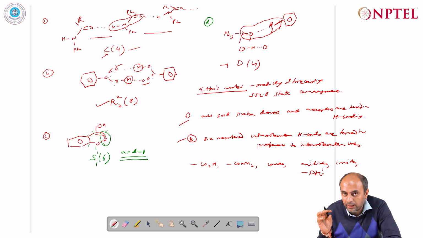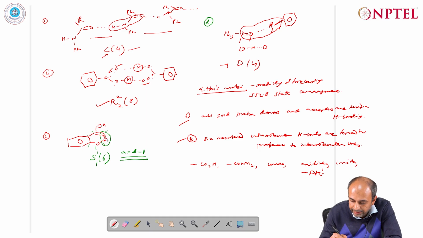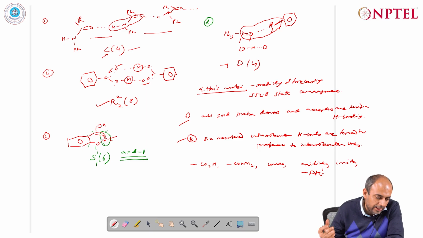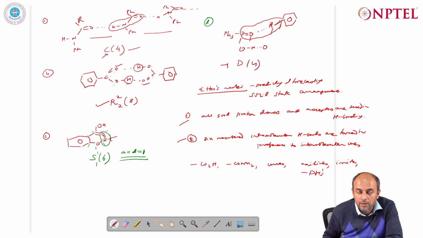Just like the chelate effect stabilizes the ring-like structure, in this case also the cyclic structure wherein a proton is essentially chelated between the two donor atoms provides the extra stability to this hydrogen bond, and hence it is preferred in comparison to the intermolecular hydrogen bonds.